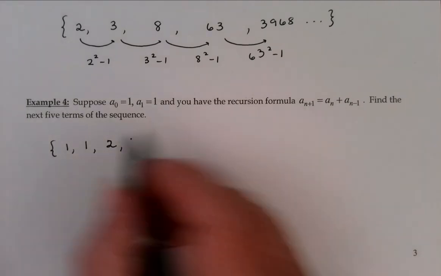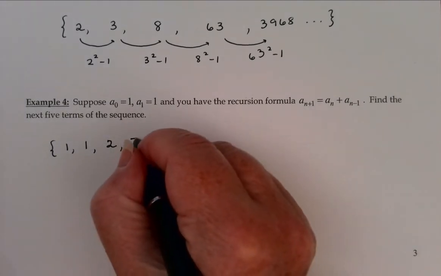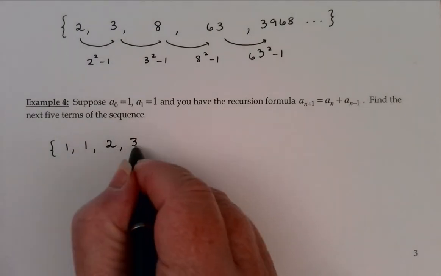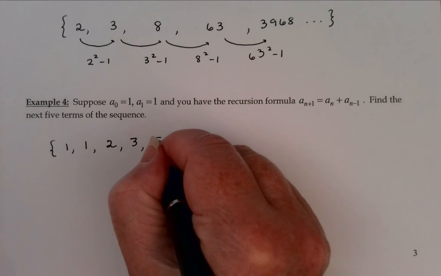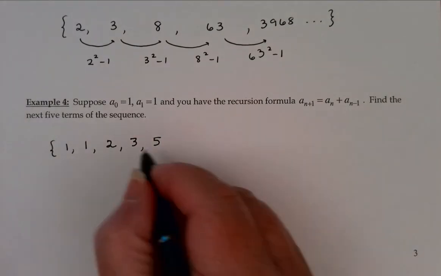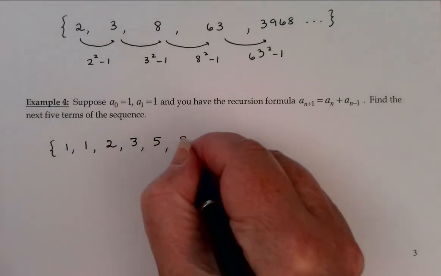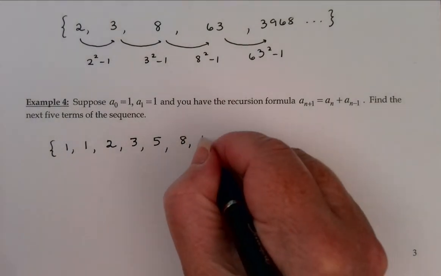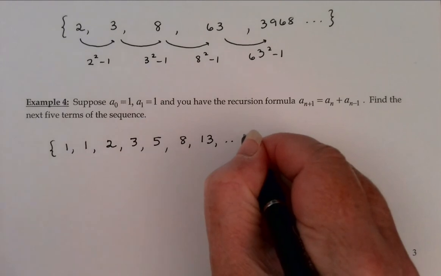Excuse me, I'm going to add the 1 and the 2, giving me 3, and then add the 2 and the 3, which is 5. The 3 and the 5 giving us 8. The 5 and the 8 giving us 13, and so on.